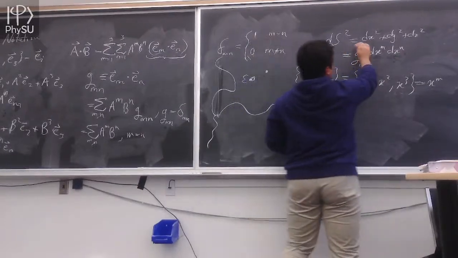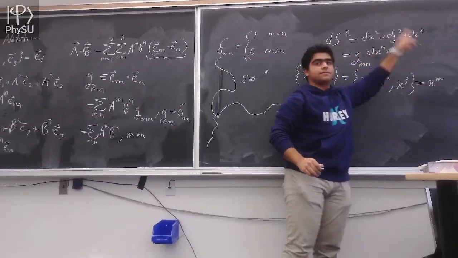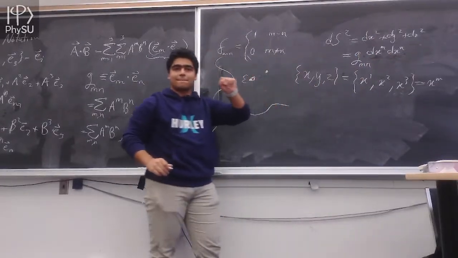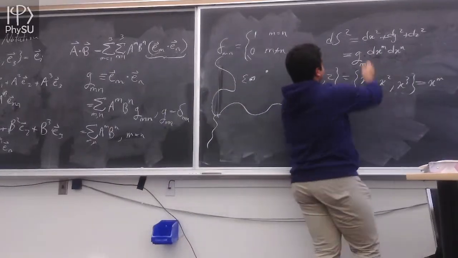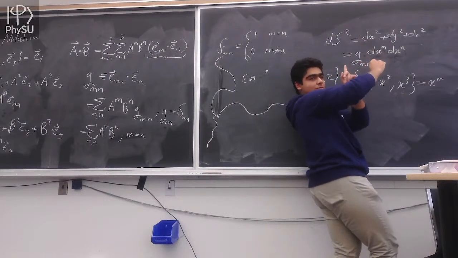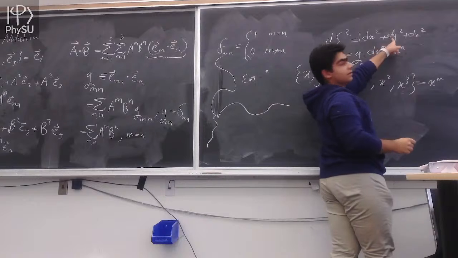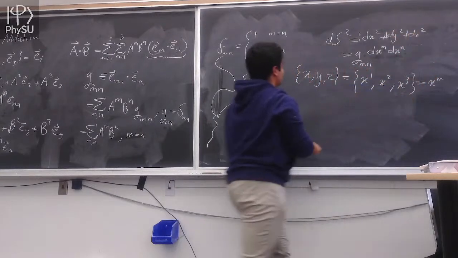So in this case, can someone tell me what you think the metric tensor is? Let's look at the coordinates. What is the coefficient here? 1, exactly. What is the coefficient here? 1. And the same thing here, it's a 1.